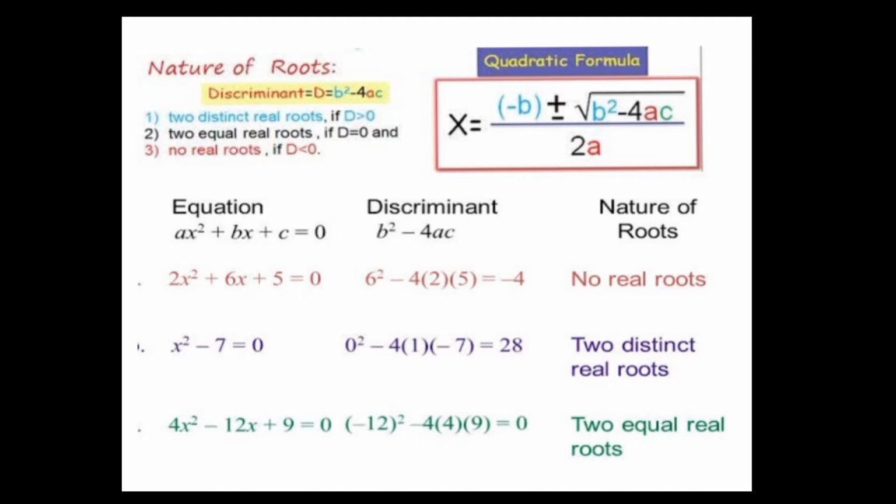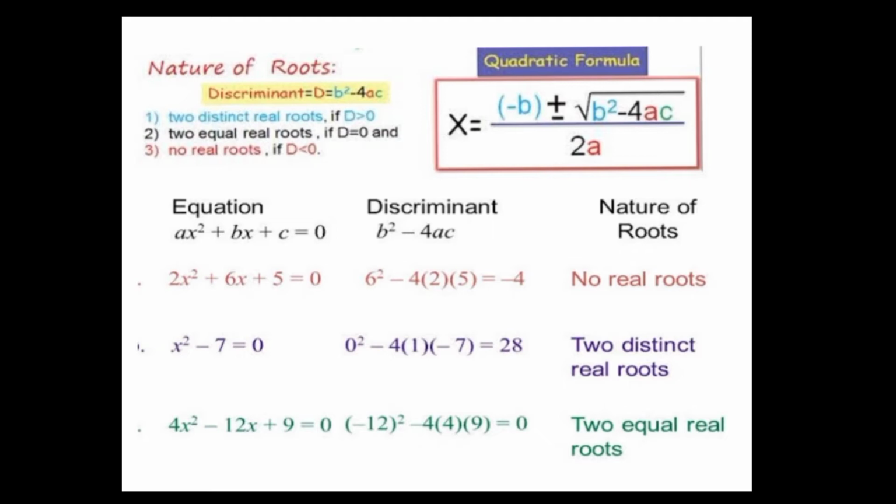And here we have 3 conditions for nature of roots. That's also very important. They may give it as a problem, otherwise they may give it as a condition also. You people need to be ready. Here the first point: we have 2 distinct real roots if D is greater than 0. If D is greater than 0, that means the discriminant is greater than 0, we can say it has real roots.